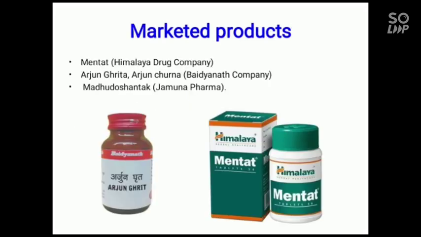Lots of marketed preparations are available. Here we can see some. First one is Mentat, from the Himalaya Drug Company. Then Arjun Ghrita or Arjun Churna, from Baidyanath. Then Madhu Doshantak, from Jamuna Pharma.